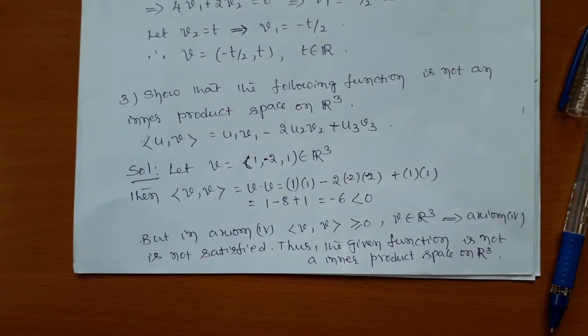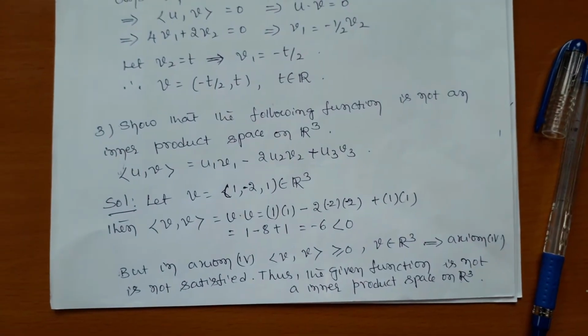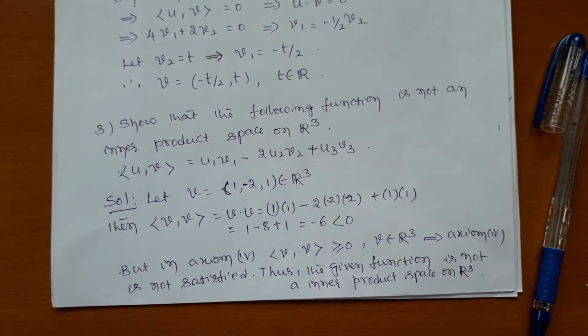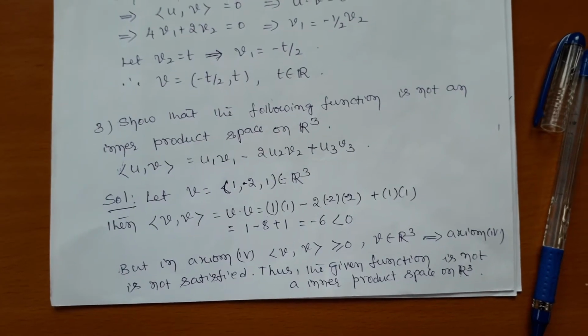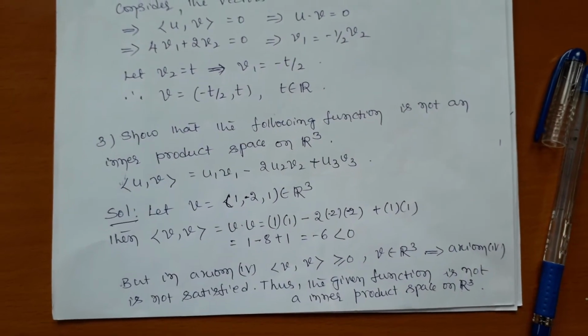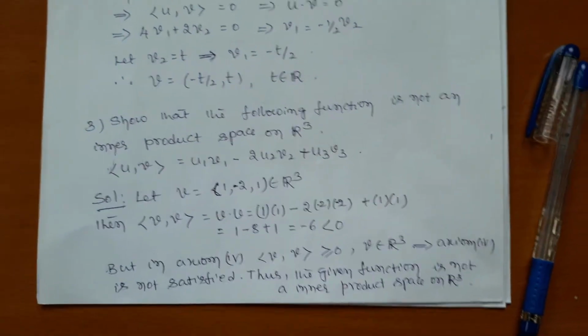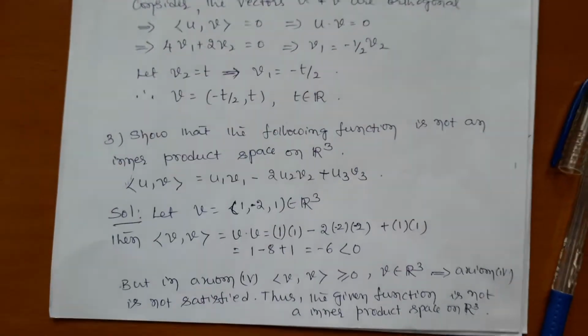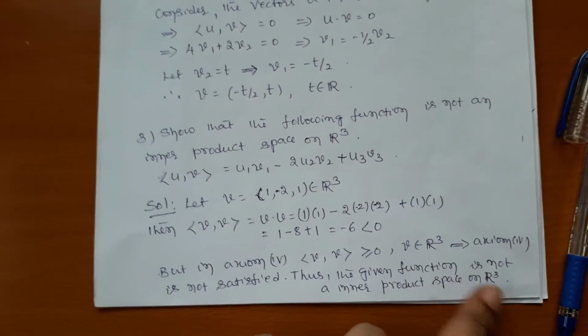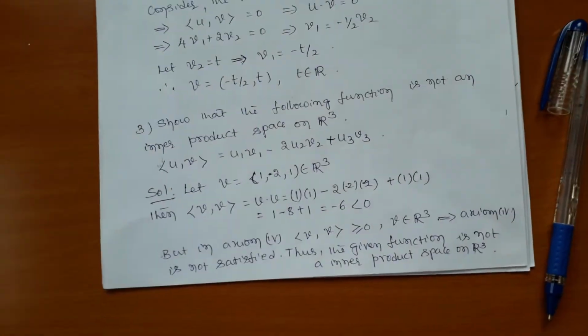But in the fourth axiom, the inner product of V comma V must be greater than or equal to 0 for V belonging to R cube. This does not satisfy the fourth axiom of inner product space. Therefore, the given function is not an inner product space on R cube. I think everyone is clear. It must satisfy every one of the conditions.